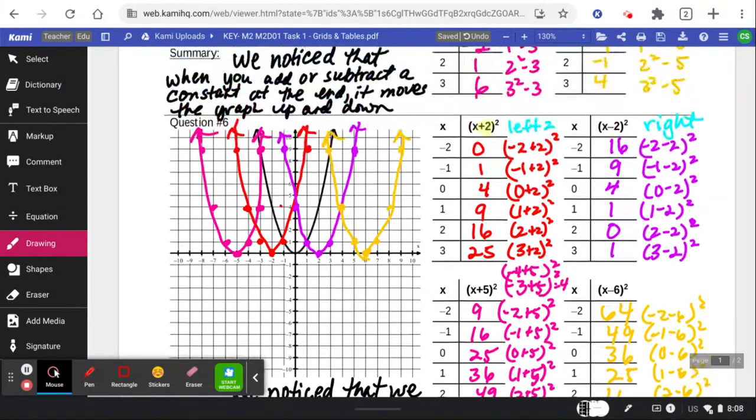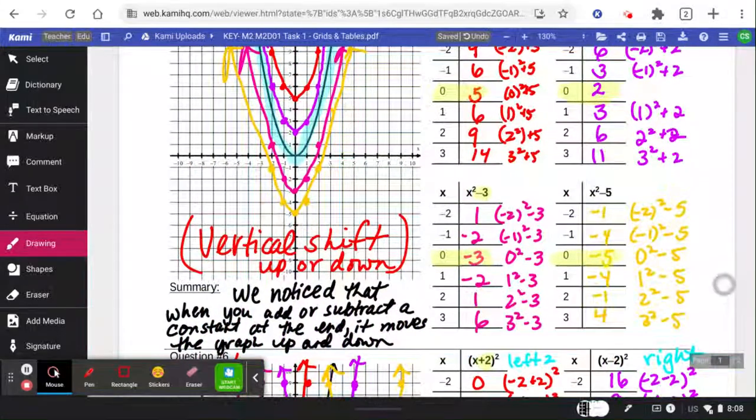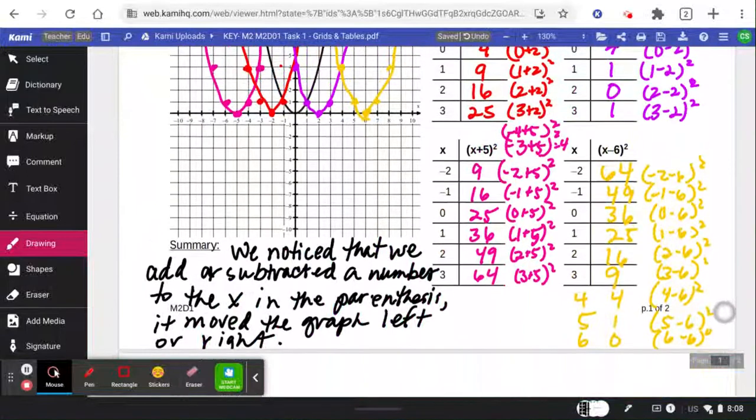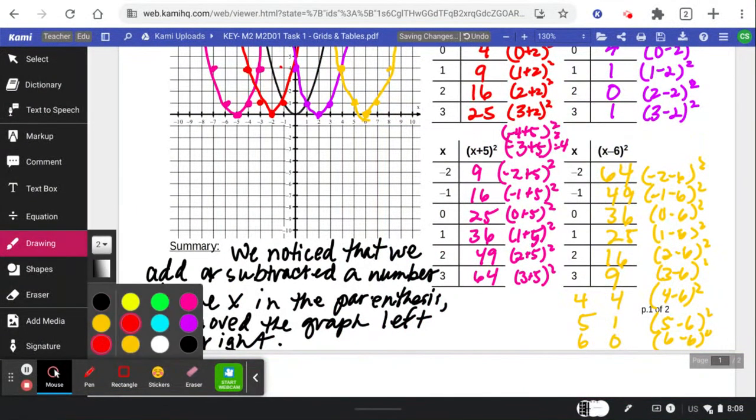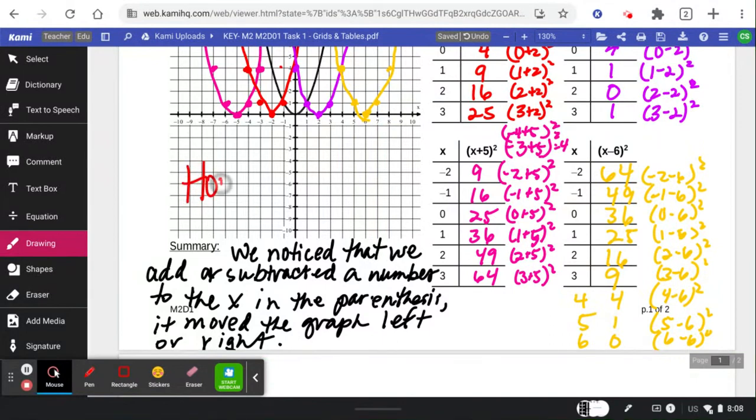Okay, so looking up here, we had a movement up or down. Now looking down here, we had a movement left or right. So this one's called the horizontal shift. And that moves your graph left or right.